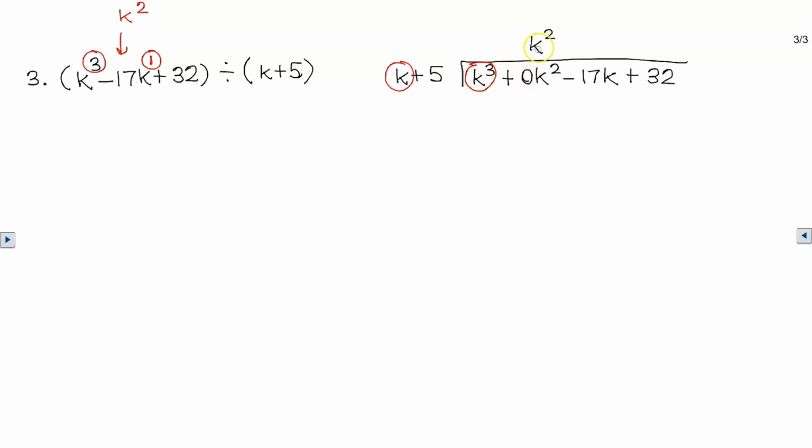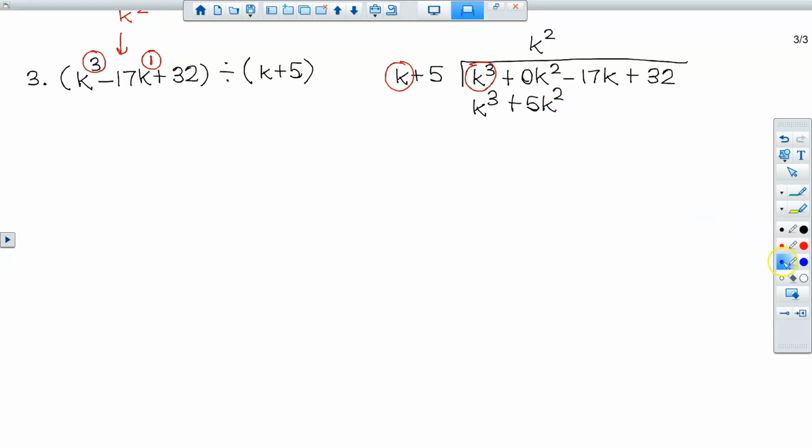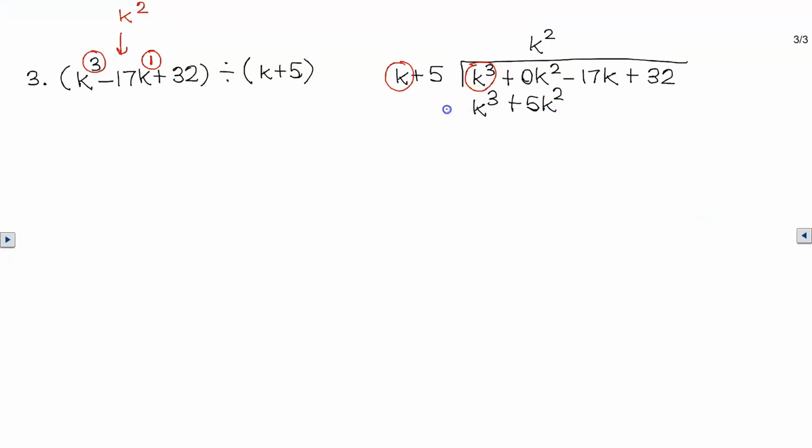All right, so now we're going to multiply k squared times k becomes k to the third. And then k squared times positive 5 is a positive 5k squared. So notice again here how that placeholder helps me, because it lets these things line up the way that they should. All right, so now we're going to do a little subtracting.